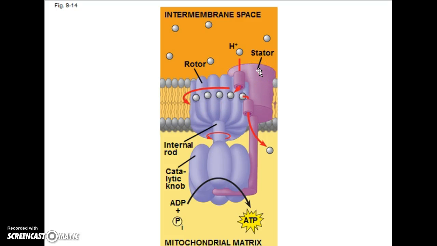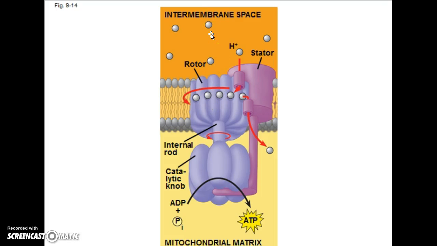ATP synthase uses the exergonic flow of these hydrogen ions to drive the phosphorylation, or addition of phosphates, to ADP, and this will form ATP. This interaction that we see going on within ATP synthase is an example of chemiosmosis, or the use of energy in a hydrogen ion gradient to drive cellular work.